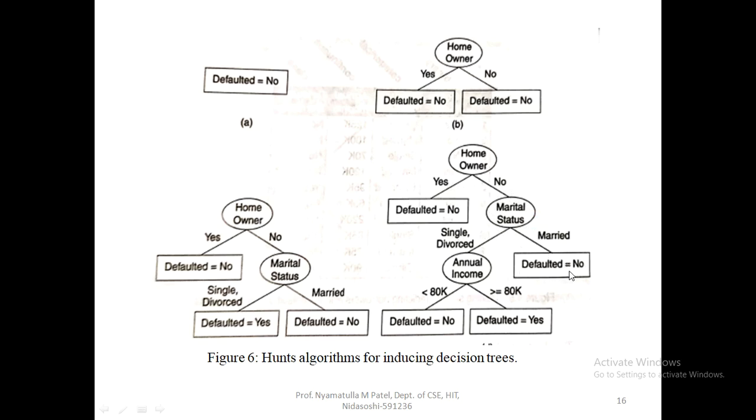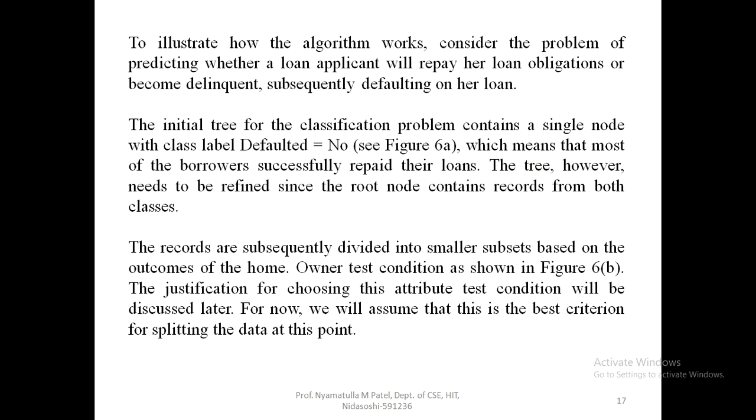If married, defaulted no, and if single or divorced I am checking one more condition, annual income. If annual income is less than 80k, defaulted is no; if annual income is greater than 80k, defaulted is yes. This is how the algorithm works.